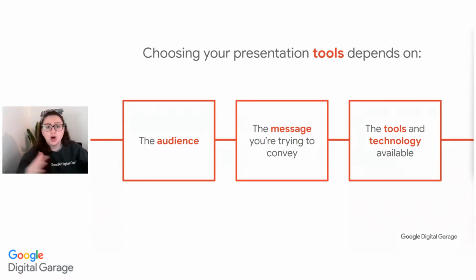Is it going to be a large room? Who is going to be in that room? Because once you know who you're going to be delivering this presentation to, it allows you to create something that's going to be as easy as possible for that audience to completely understand the next point, your message.